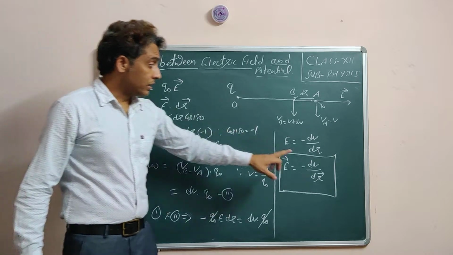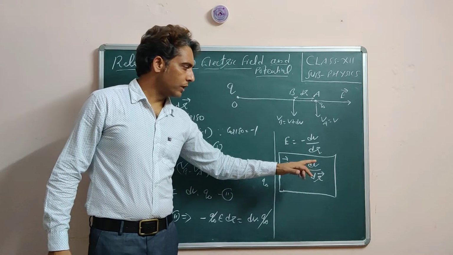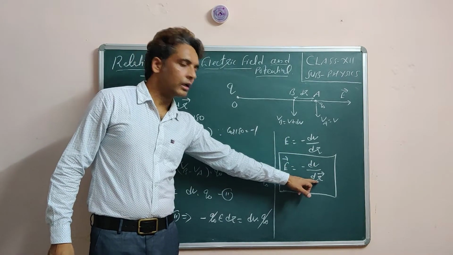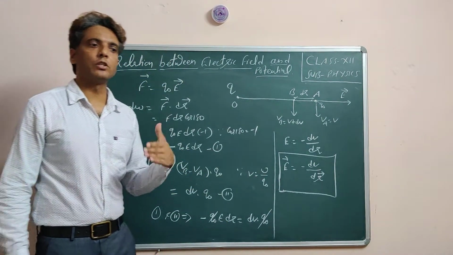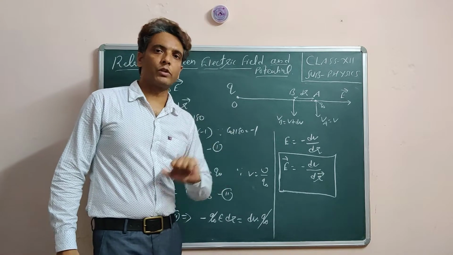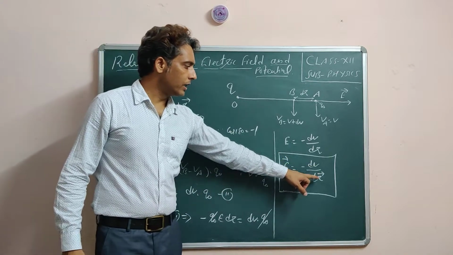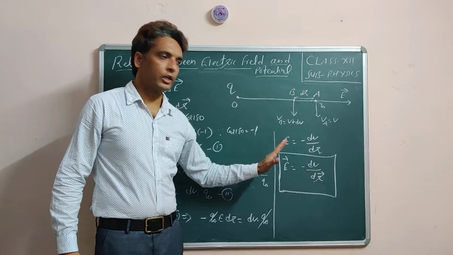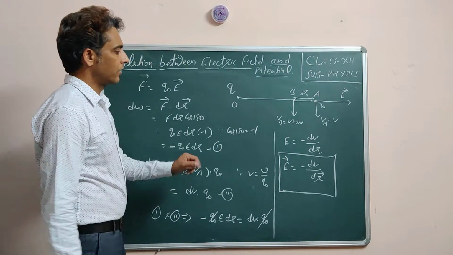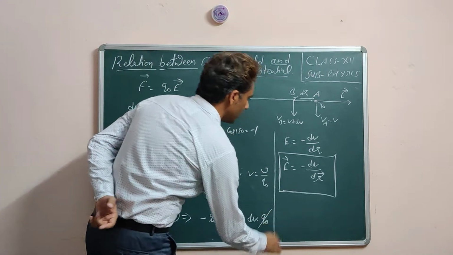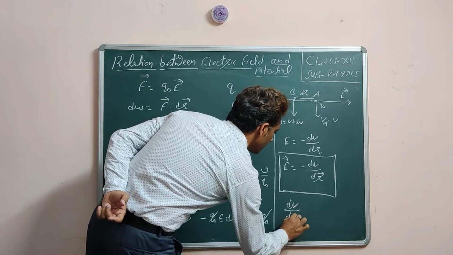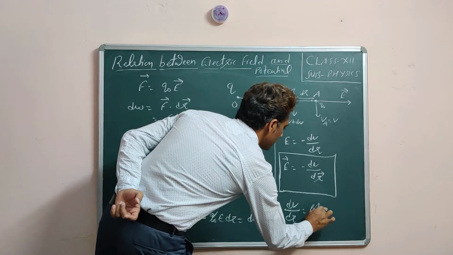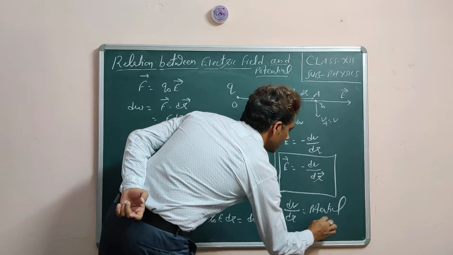Now this dV over dr shows the variation of potential with distance, and the variation of any physical quantity with the distance is known as gradient of that quantity. So this dV by dr is potential gradient.